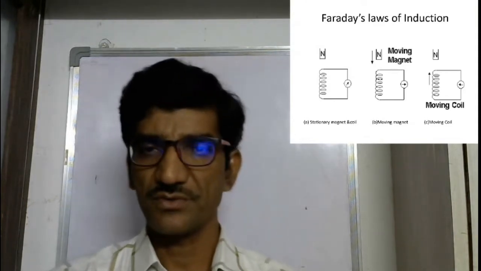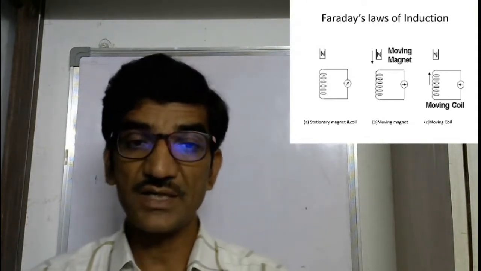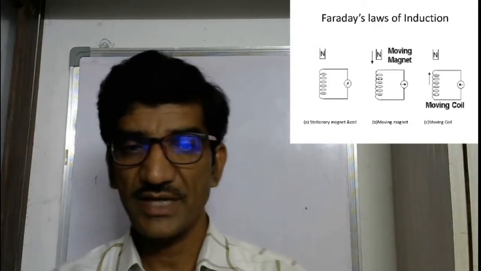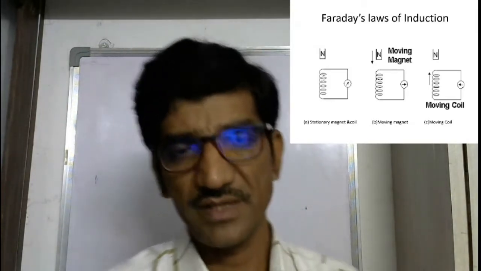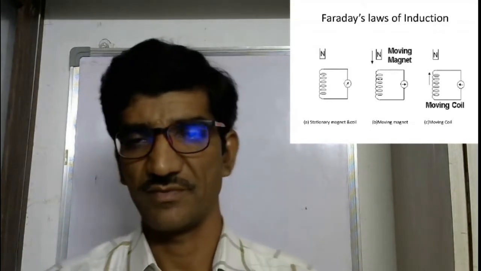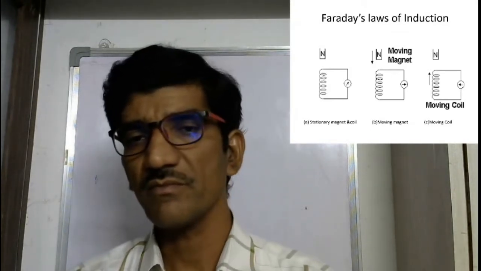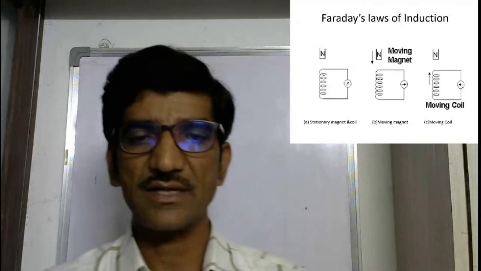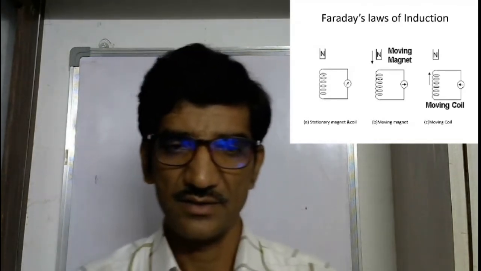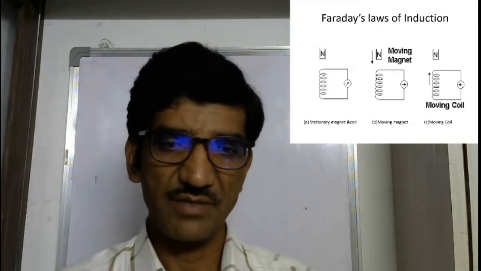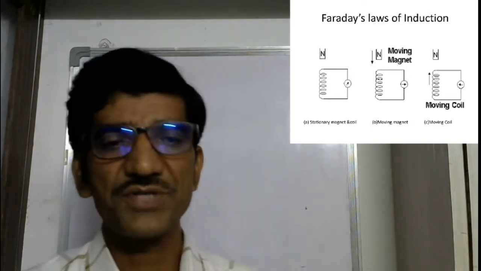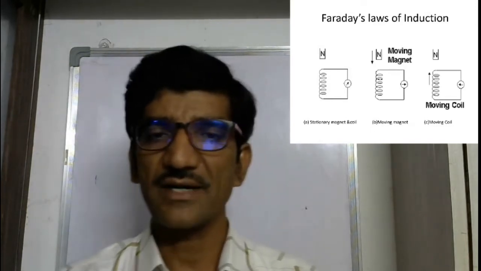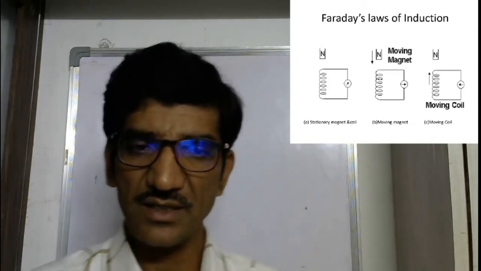That you have to note. When the varying magnetic field condition is achieved, there must be a relative motion between both the magnet and the coil. So in order to get the induced EMF, there must be a relative motion between the magnet and the coil.